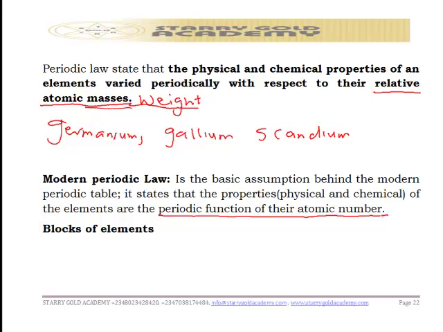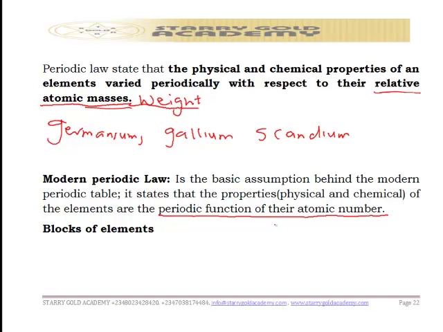So the modern periodic law was based on what? Their periodic function of their what? Atomic number. That was its arrangement on the periodic table.